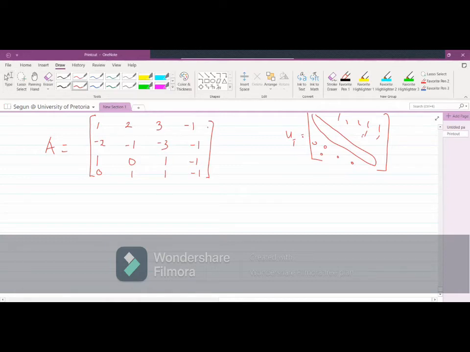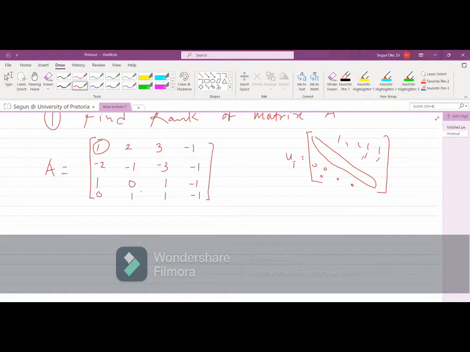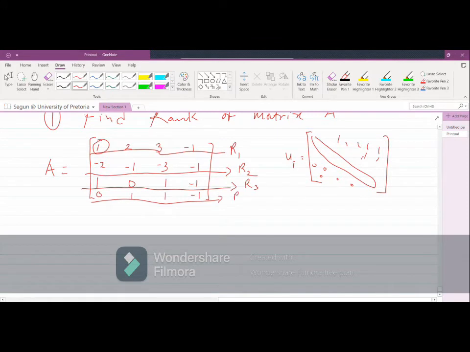Now, the first element here must remain 1, and what we are given is 1, so we don't have a problem. Let's identify the rows: this is row 1, row 2, row 3, and the last one is row 4.